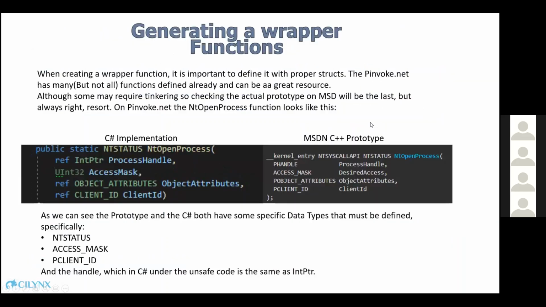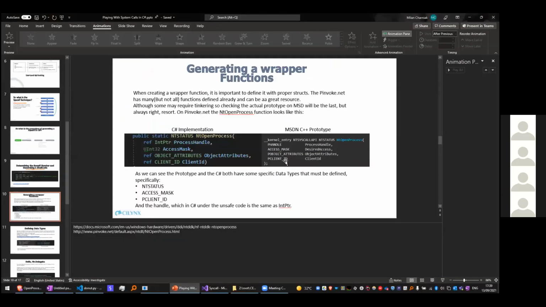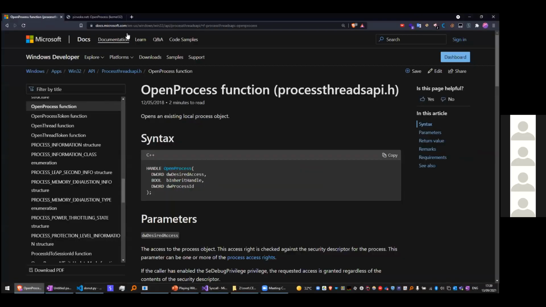Now, as I've said, every ntdll function has its own implementation. Let's look at OpenProcess and NtOpenProcess. This is an API that is imported from ntdll, and it accepts slightly different parameters, like a handle and an access mask. Let's put them one next to the other.